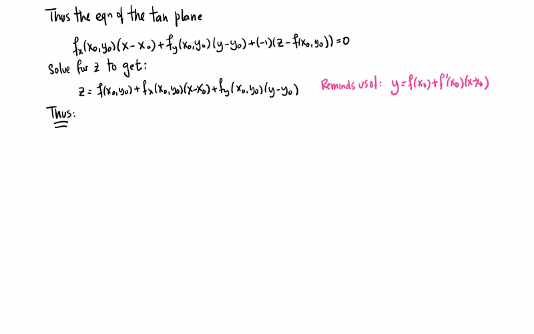Here's the final important applicable fact of this. If x, y is close to x0, y0, then the function is close to the tangent plane. I'm going to rewrite all this.